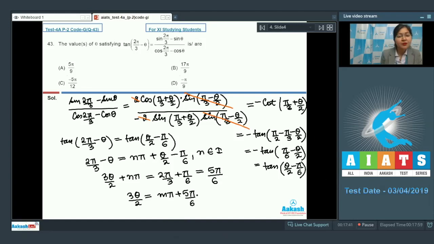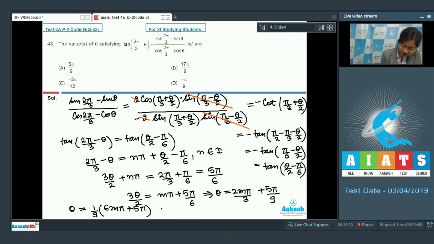I have replaced n by minus m. So further we will get theta equal to 2m pi upon 3 plus 5 pi upon 9, that is theta is equal to, taking 1 by 9 common, (6m pi plus 5 pi) by 9. So this is the general solution.